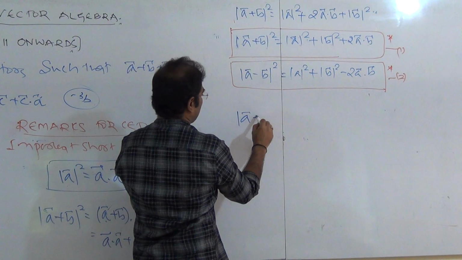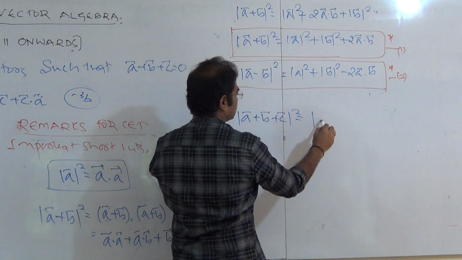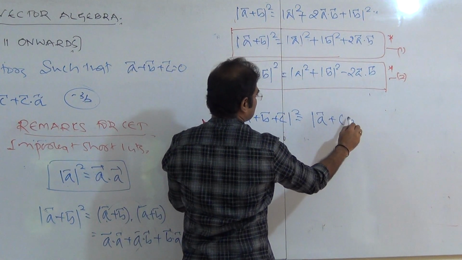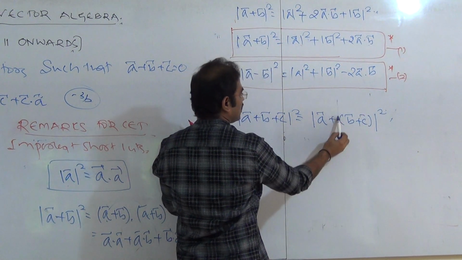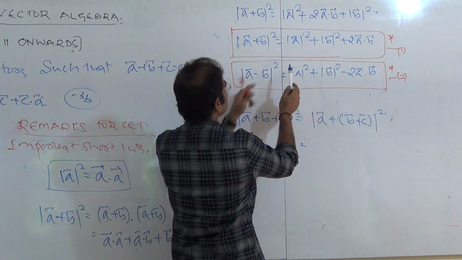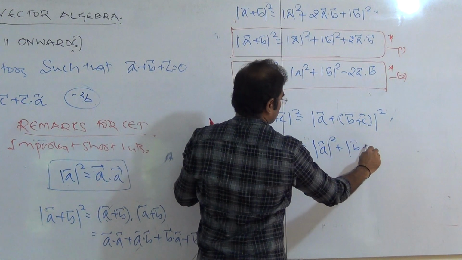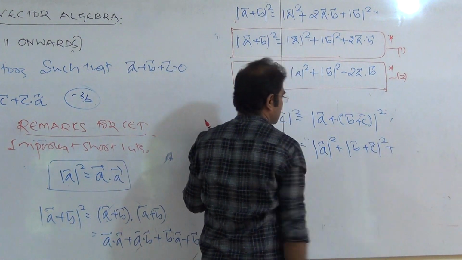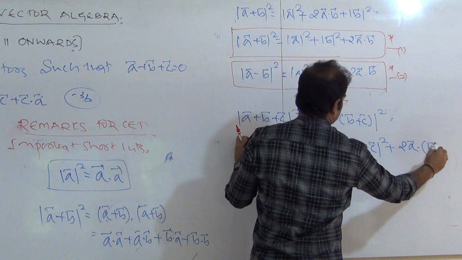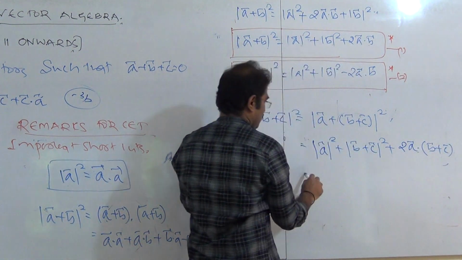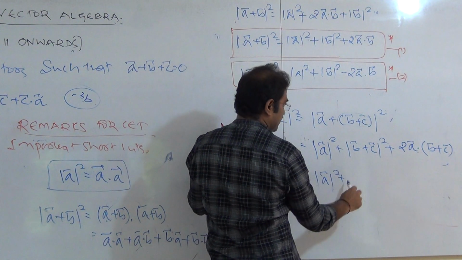Now I take magnitude of (A plus B plus C) whole square. It can be written as (A plus B plus C) the whole square. It is of the form (A plus B) whole square. What is (A plus B) whole square? Magnitude of A square plus magnitude of B square plus 2 times A dot B. Here it is magnitude of A square, and again it is of the form (A plus B) square.